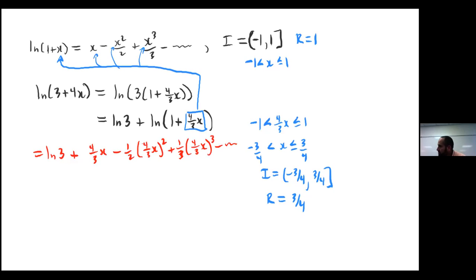Do you see it? And that's the Maclaurin series for this particular thing. And we know what the interval of convergence is, and the radius of convergence automatically. So you can kind of wrestle this function into a power series using the power series for logarithm of 1 plus x. Okay, so that's a good thing to know how to do. Other questions? Well, that's it.